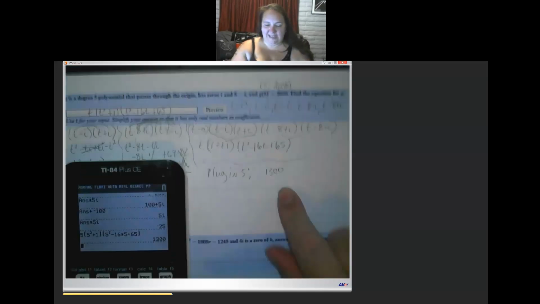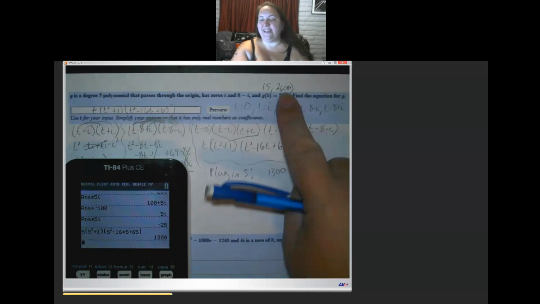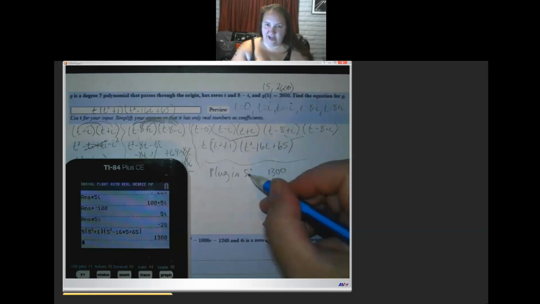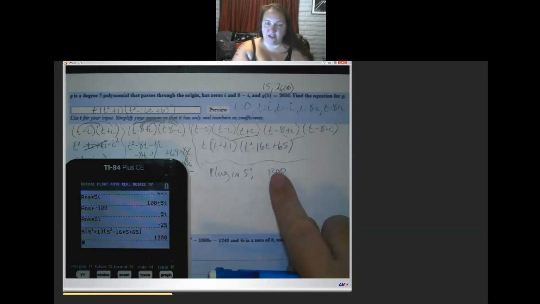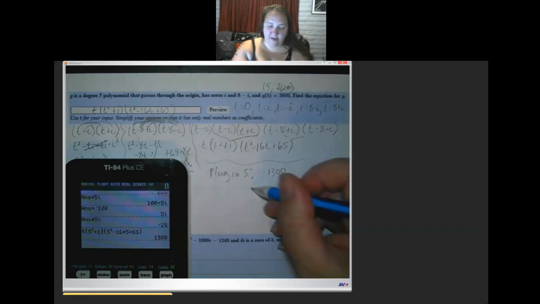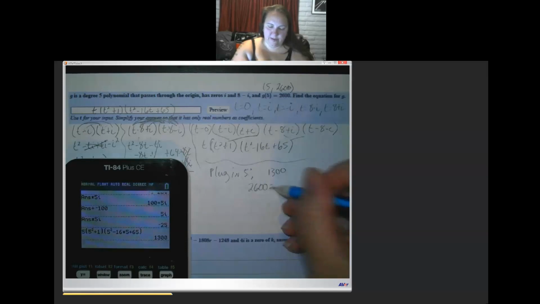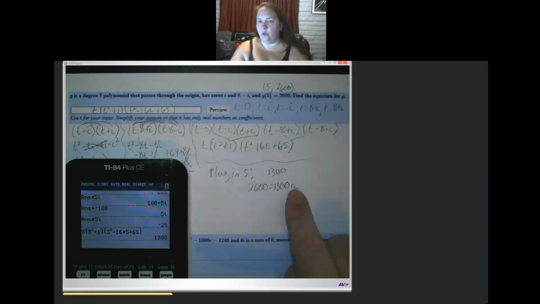I wanted to plug in 5 and get 2,600. So when I plugged in 5, I got 1,300. I was expecting 2,600. So I need to know what number my leading coefficient would be in order to multiply this 1,300 to get 2,600.